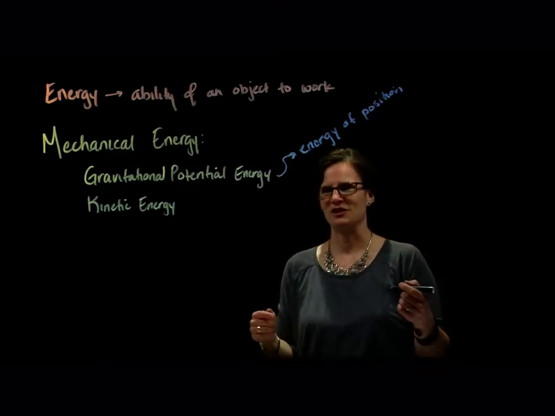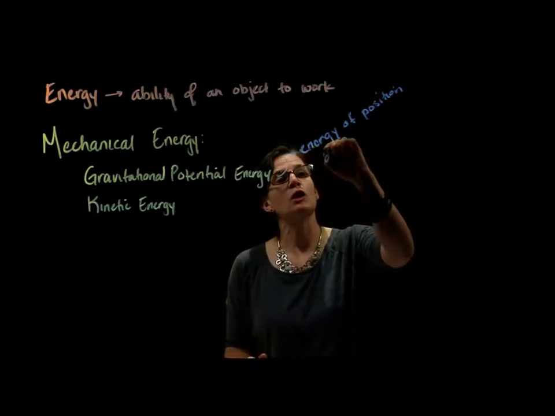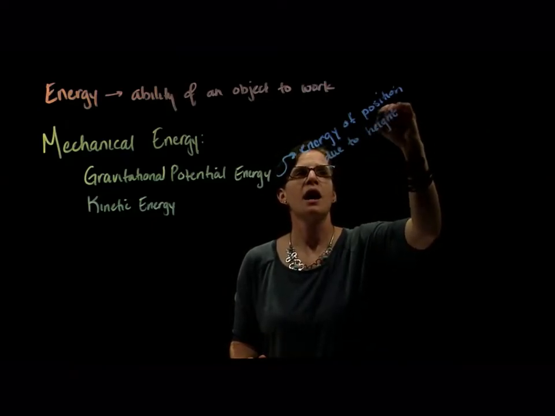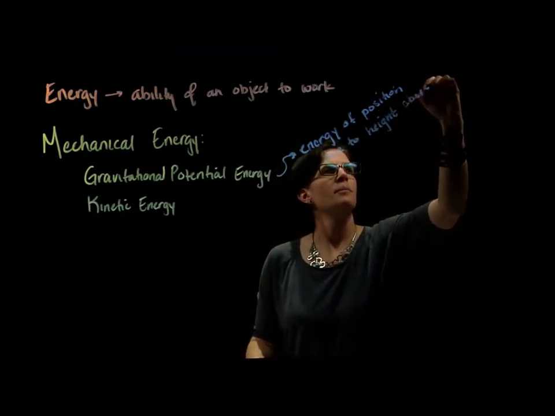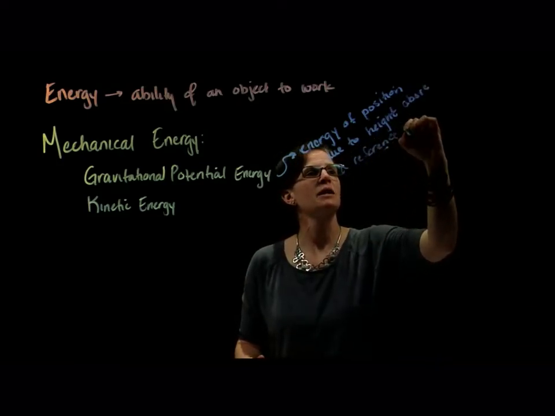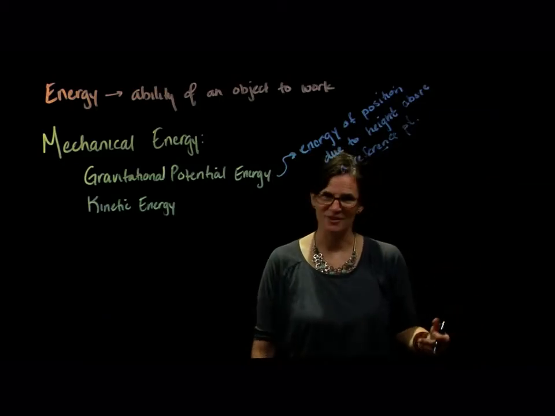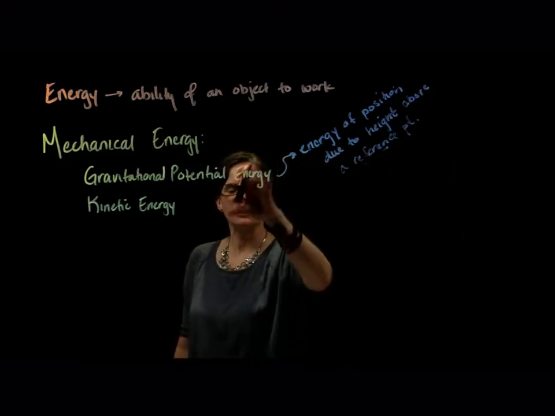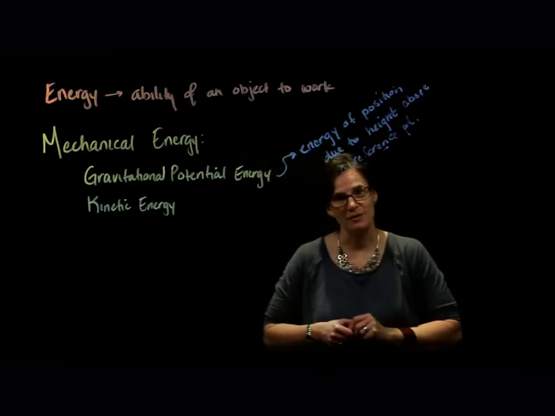Gravitational potential energy is the energy of a position due to an object's height above a reference point. So here's another case where we need to define a reference point. Just like in motion, when we defined an origin, for potential energy, we need to be able to define that reference point.